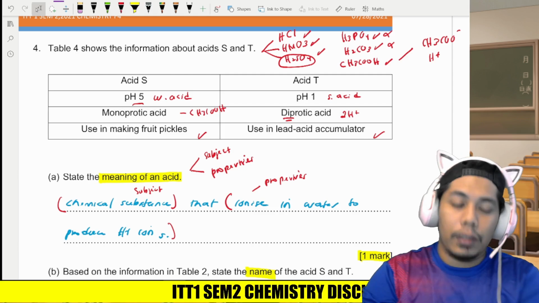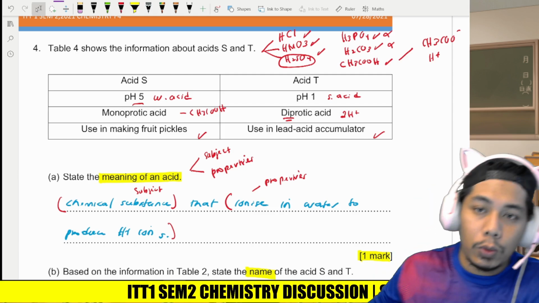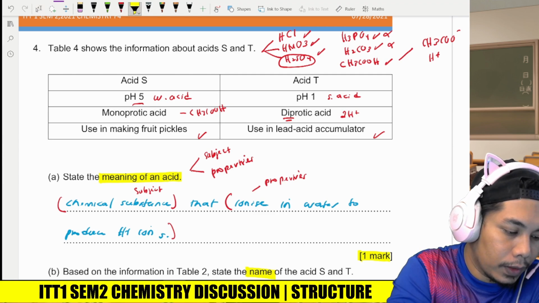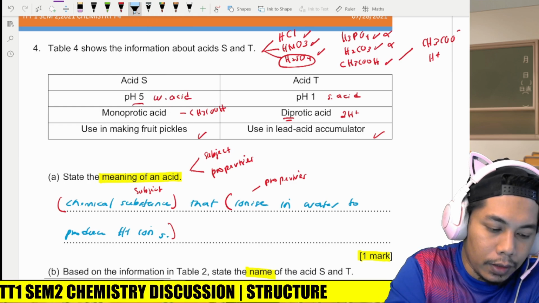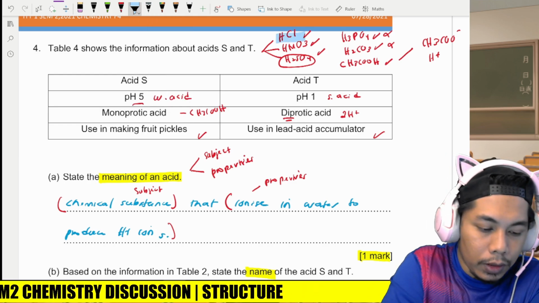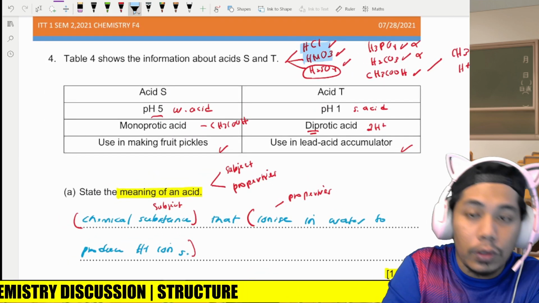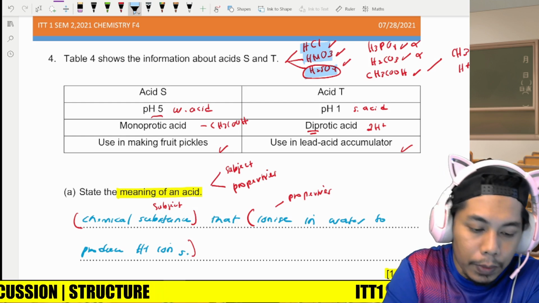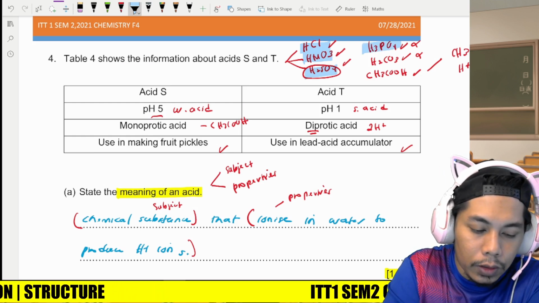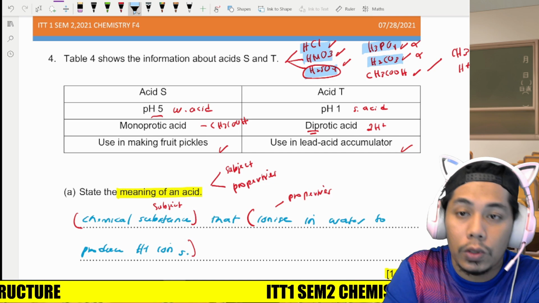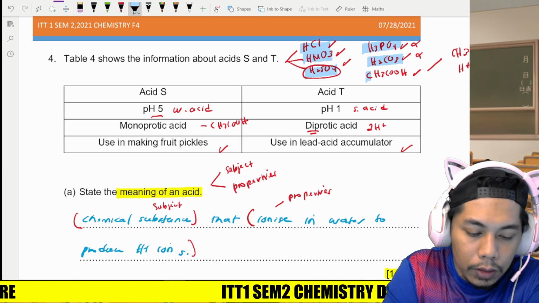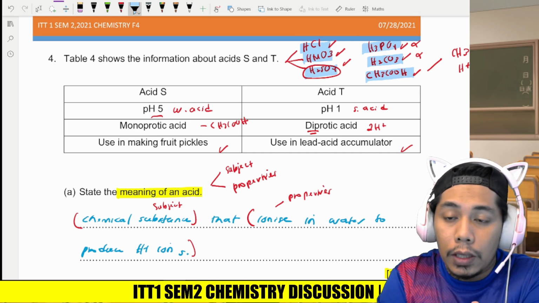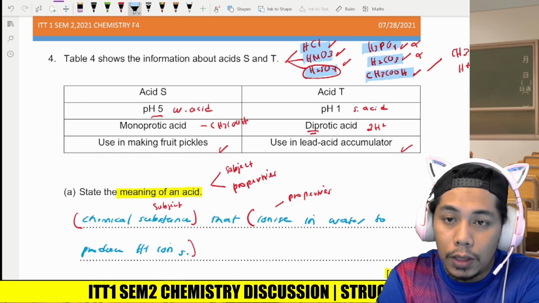Yang pertama HCl ataupun nama dia hydrochloric acid. Yang kedua HNO3. Yang ketiga H2SO4. Lagi apa lagi? H3PO4, phosphoric acid, H2CO3, carbonic acid, CH3COOH, ethanoic acid. 6 acid ini kamu kena tahu dalam syllabus kita SPM.